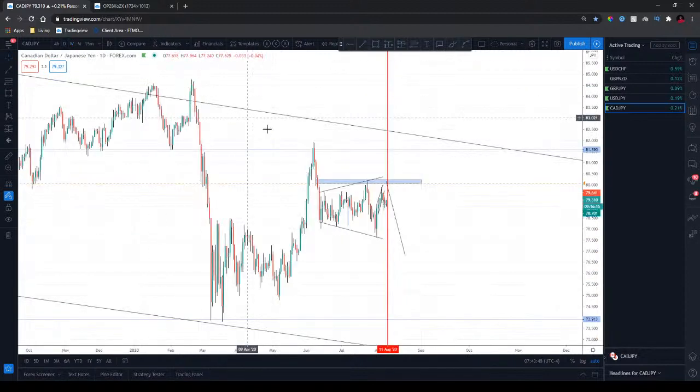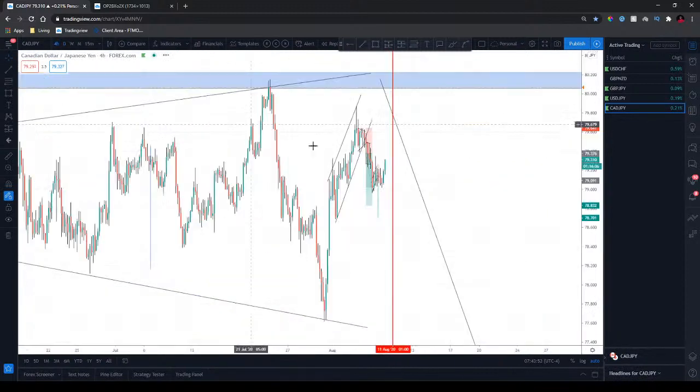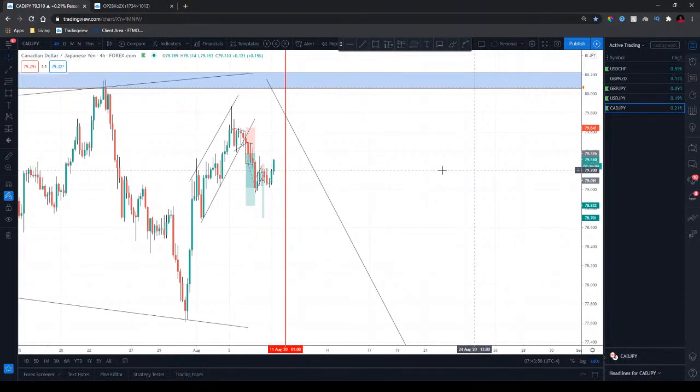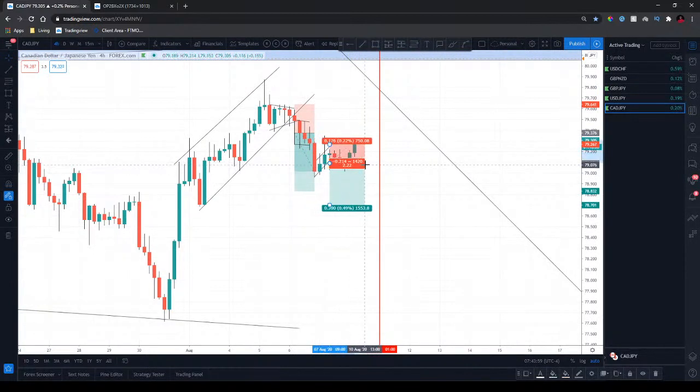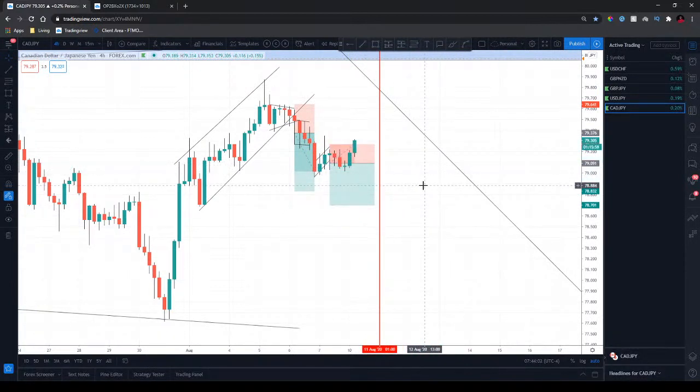And now CJ, still in that expanding triangle. Okay, looks like we had two positions. Yep, this is in the chat as well. We had two positions on CJ going into Friday.